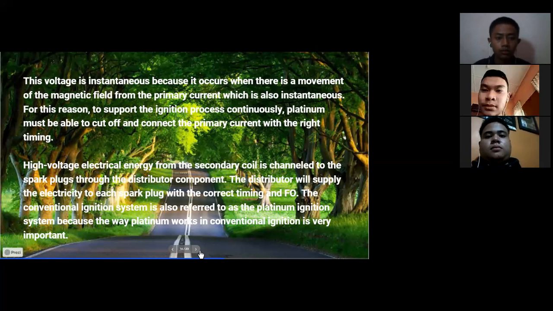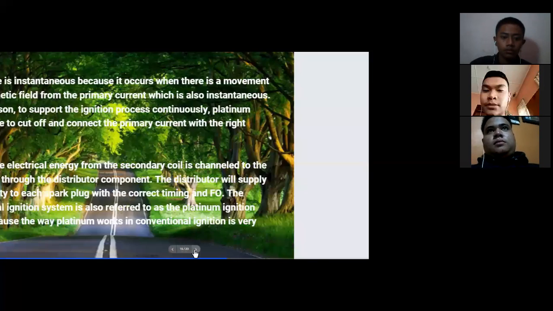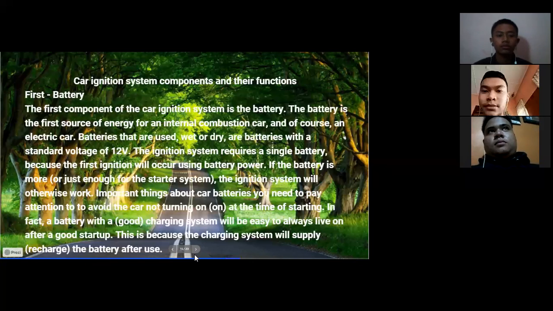The distributor will supply the electricity to each spark plug with the correct timing and firing order. The conventional ignition system is also referred to as the platinum ignition system because the way platinum works in the conventional ignition system is very important.